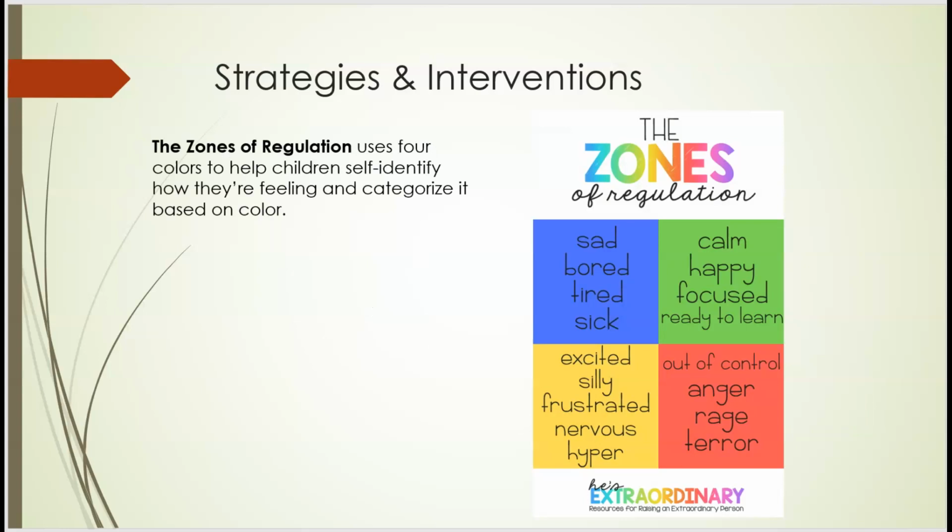Another evidence-based classroom method to promote positive behavior is to use the Zones of Regulation. The curriculum also helps children better understand their emotions, sensory needs, and thinking patterns. They learn different strategies to help them cope and manage their emotions based on which color zone they're actually in.